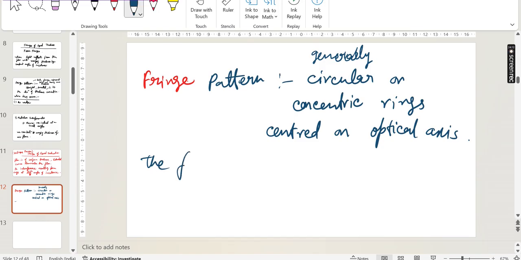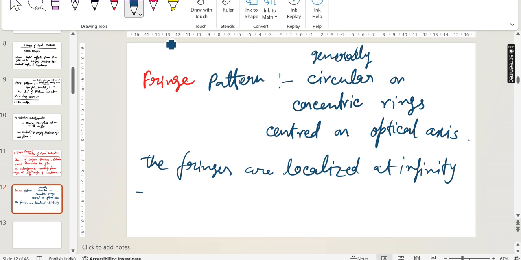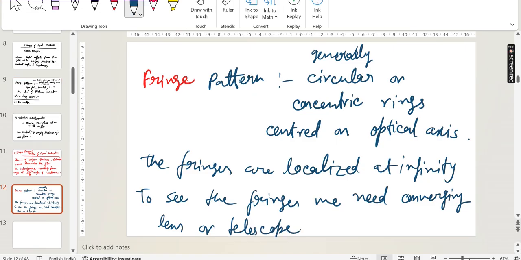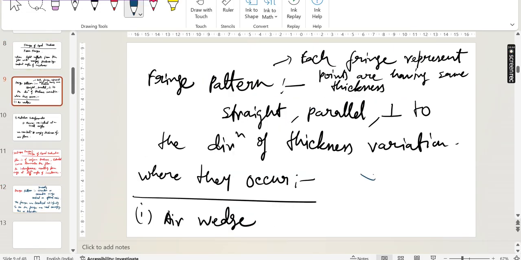And the fringes are localized at infinity. That means to see the fringes, we need a converging lens or telescope. But for equal thickness, the fringes are localized within the film and can be observed directly.